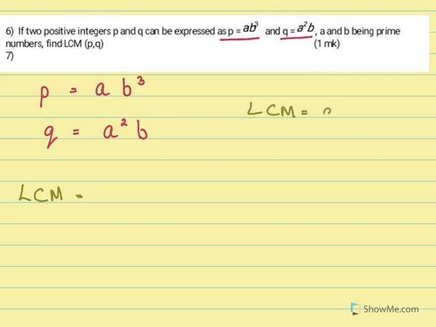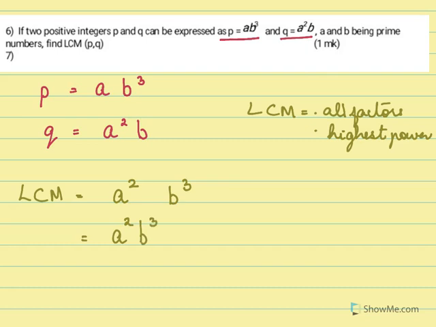First we write all factors, and second we take the highest power. So all factors: a and b. Now we take the highest power. The highest power of a is 2 and the highest power of b is 3. So the LCM of p and q is a square b cube.